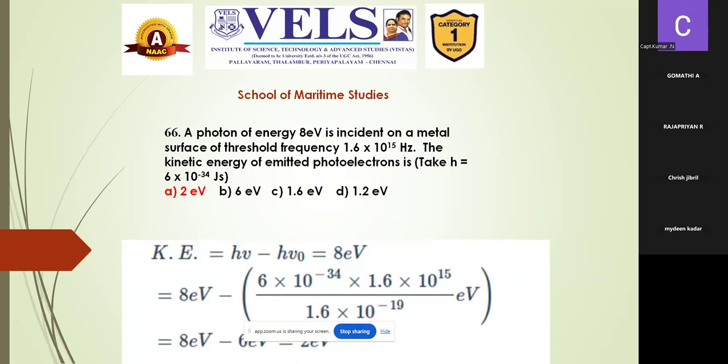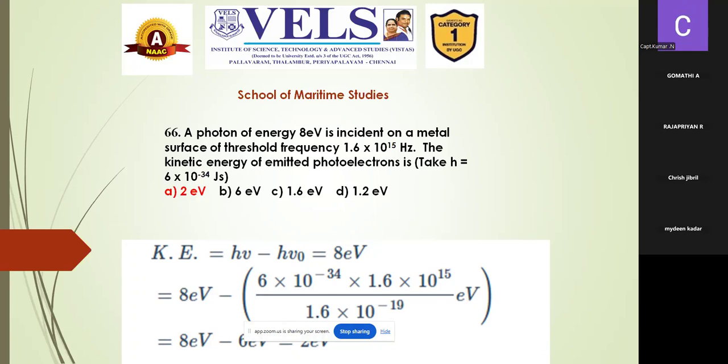A photon of energy 8 electron volt is incident on a metal surface of threshold frequency 1.6 into 10 power 15 Hz. What is the kinetic energy of emitted photoelectrons? The kinetic energy of the photoelectron is equal to h nu minus h nu naught.